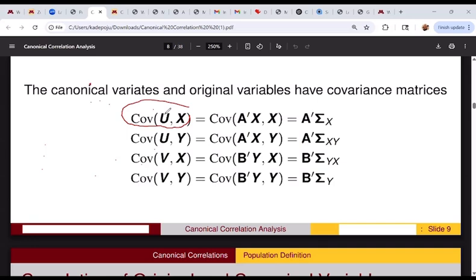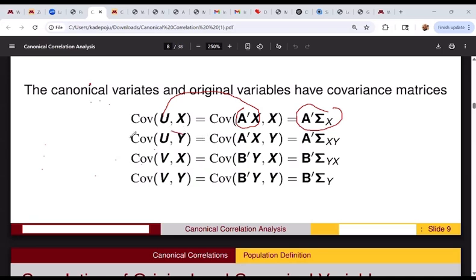Don't forget that U is a linear combination of X, which is A prime X. Now I want to find the covariance between A prime X and X. This is the formula: it's going to be A prime sigma X, because you have X and X. The covariance of the same variable is the same thing as variance, and that's why you have this here.